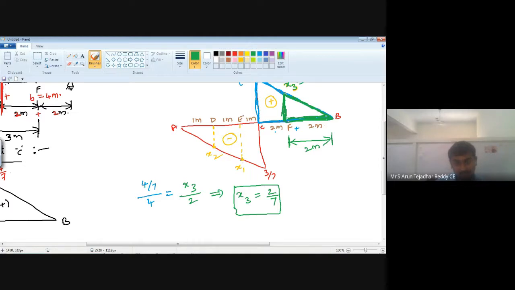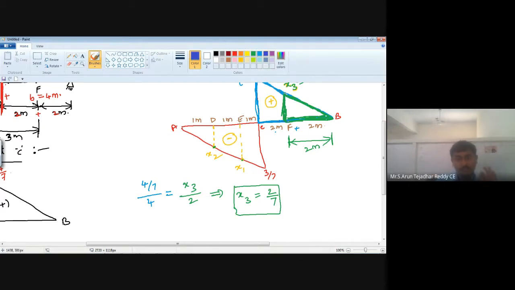One is x1, other one is x2. So here also consider similar triangle concept.